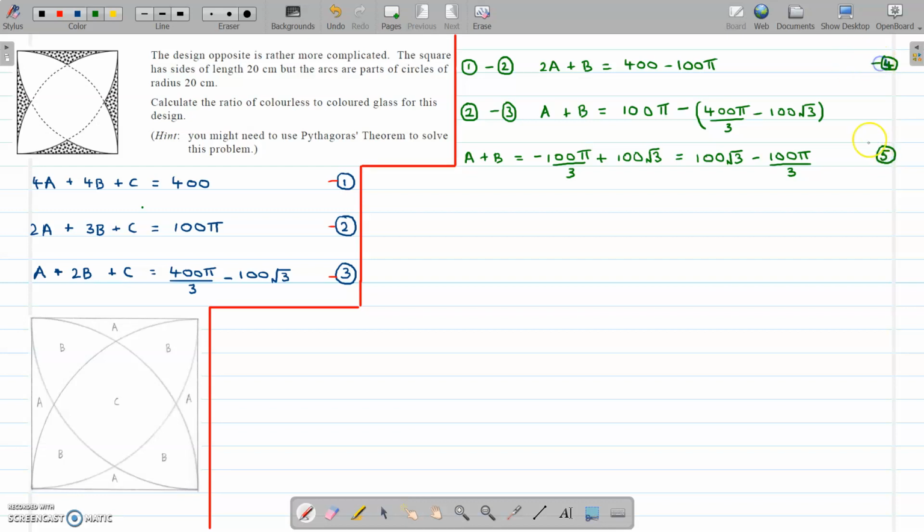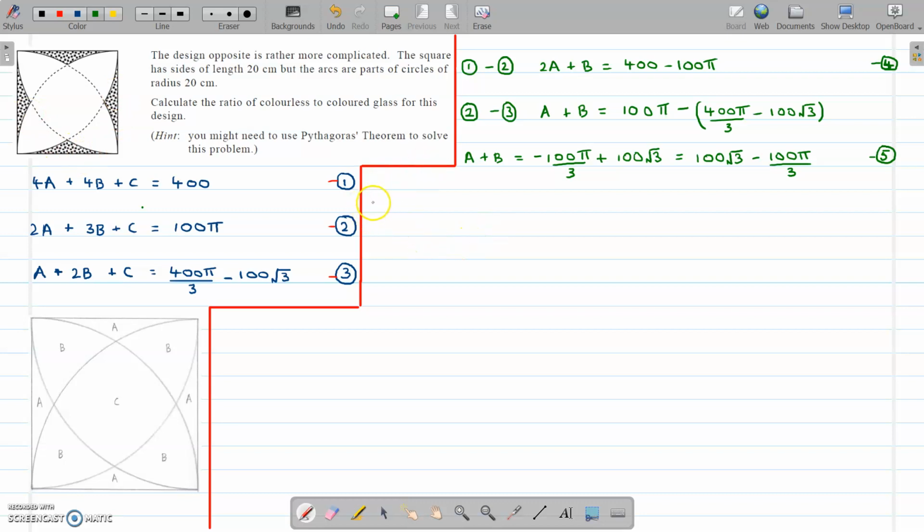So we now have 2 equations, 4 and 5, that only contain A and B. The first one contains 2a plus b, the second one a plus b. This is really convenient because if I subtract those 2 equations from each other, I'll just be left with a, which is exactly what I want because a is the area of one of these 4 shaded sections.